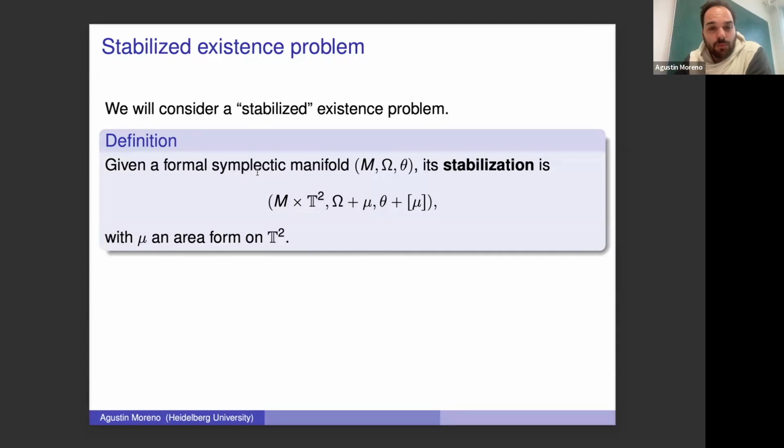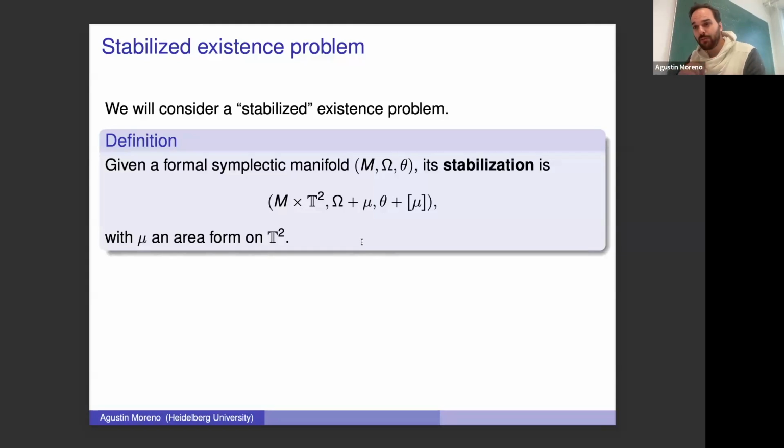We start with a formal symplectic manifold, and I will say that its stabilization is, well, I take the product of my manifold with T2 and I stabilize all the associated data. So I just take, in the obvious way, an area form on T2 and then sum it to the cohomology class, and then also to the two-form omega.